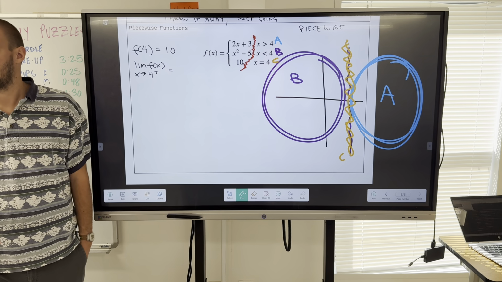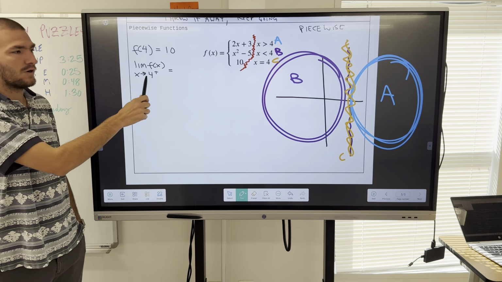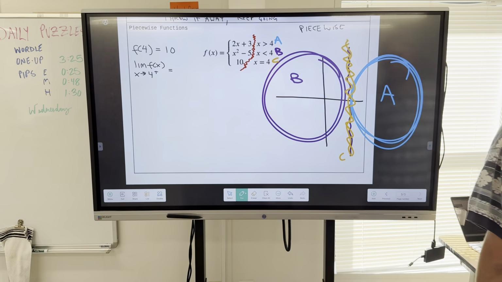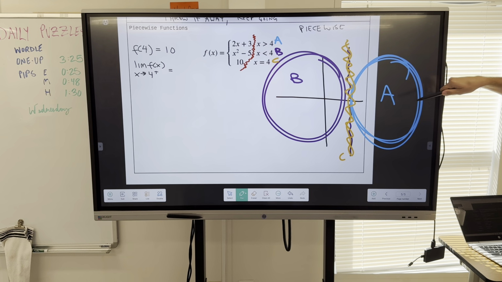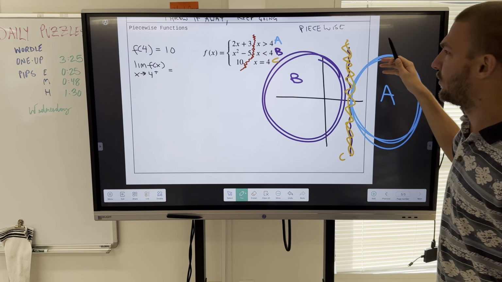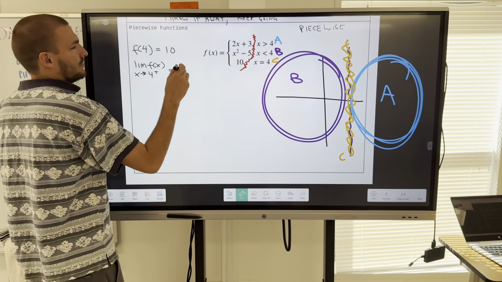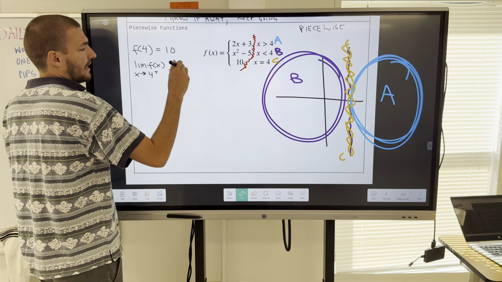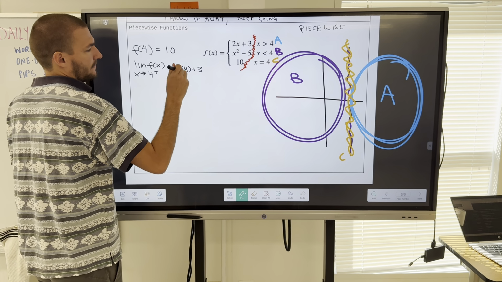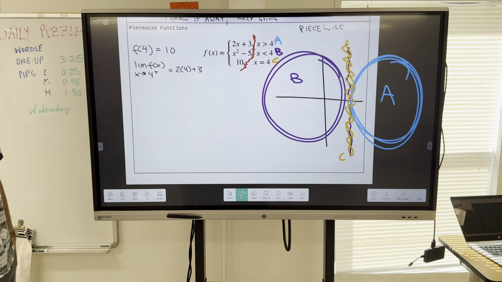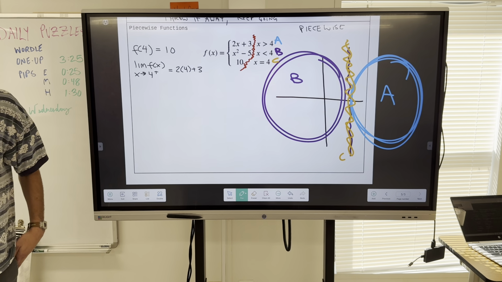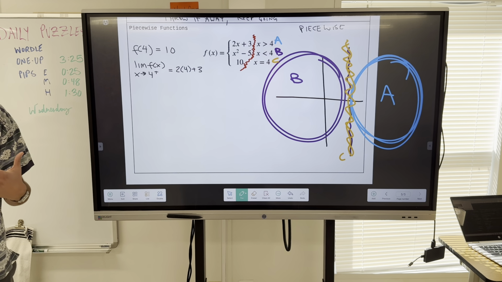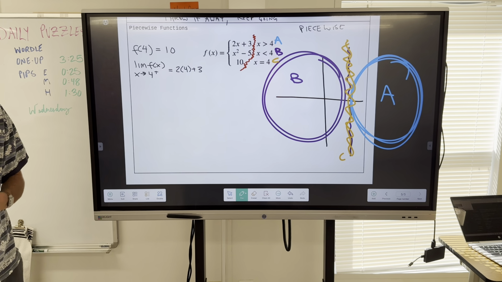A. It should be A, right? We're looking to come at 4 from the positive side, so we need to use the function that has power over here. We're looking to use the A function. So we use the A piece, 2x plus 3, and then put a 4 in there. So what is the limit as x goes to 4 from the positive side? 11.